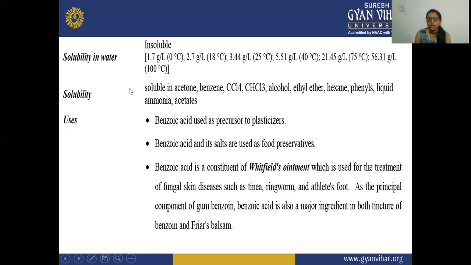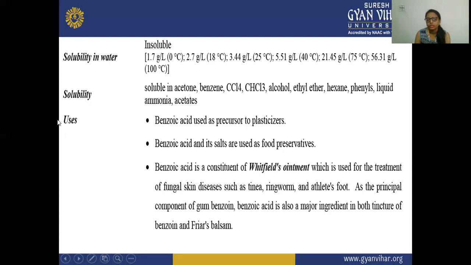So this benzoic acid is not soluble in water, but it is soluble in organic solvents that are acetone, benzene, carbon tetrachloride, or you can say CCl4, CHCl3, which is chloroform, or trichloromethane, and alcohol, ethyl ether, hexane, phenyl, liquid ammonia, and acetate.